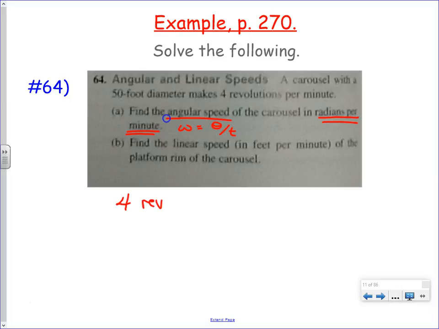Maybe we're using dimensional analysis in another way as well. 4 revolutions per minute. What do I multiply by to get rid of revolutions and get to radians? 2 pi. Yeah, 1 revolution is 2 pi radians. Revolutions would cancel, and I would have my angular speed.